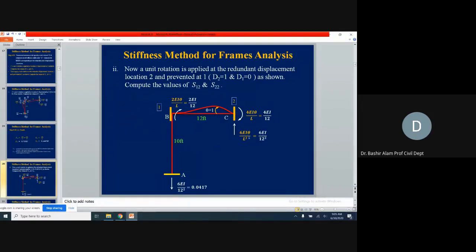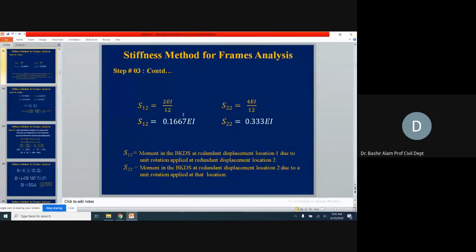Although we have other members and actions here, the corresponding one is this moment, which is corresponding to D2, and it is in the same direction. So this is how we take its sign, and this is how we take its magnitude. So 4EI over 12 is our S22, and here you see them clearly. S12 is 2EI over 12, must be equal to S21, and S22 is equal to 4EI over 12, and then you see them in decimal form.